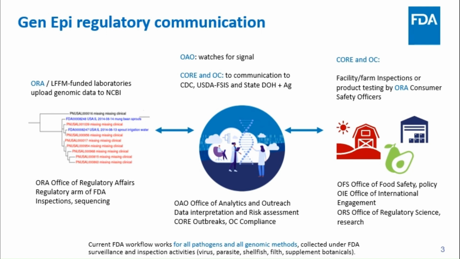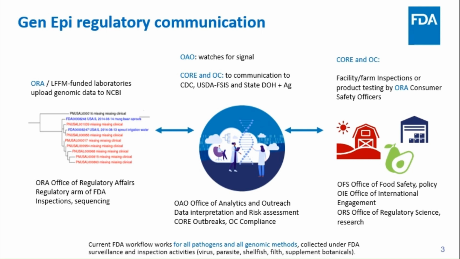But if it's an older isolate or a problem that is reoccurring, they want to send this and communicate to the Office of Compliance, who deals with whether and how a food producer is actually solving their contamination problem and getting it under control.